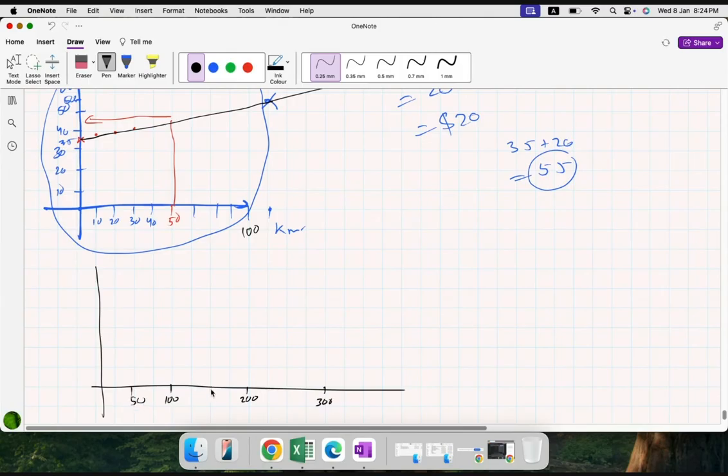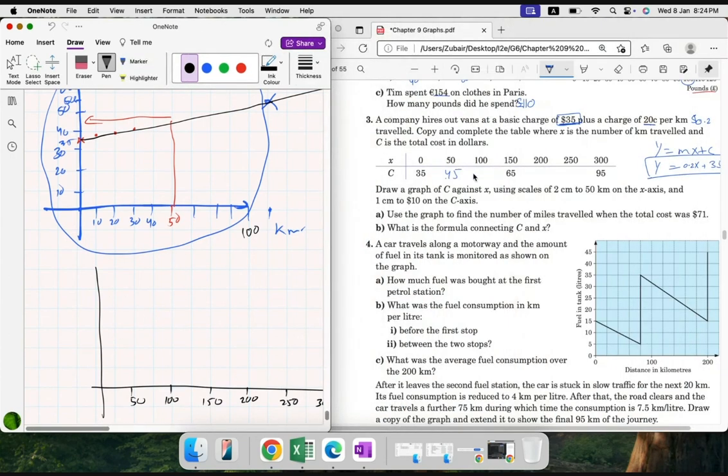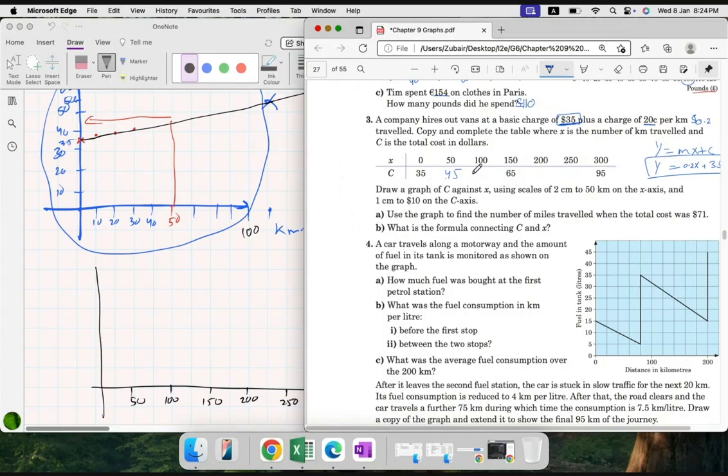So 50, 150, 250, equal splits accordingly. At 100, it is 55. At 200, I'm just using that equation we just wrote, it is 75. At 250 it is 85.